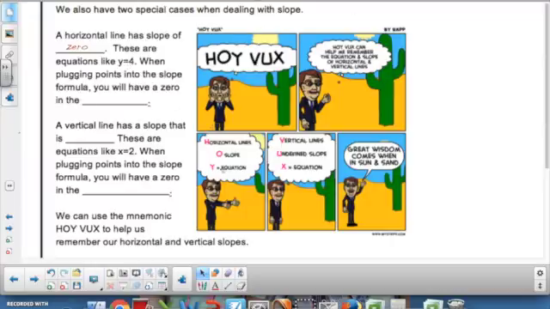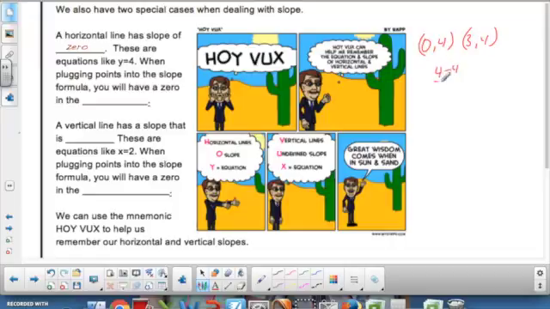The reason these have a slope of 0 is because if you think about two ordered pairs where y is 4, so (0, 4) and (3, 4), let's say, when I put these in my formula, y2 minus y1 over x2 minus x1, what that gets me is 0 over 3. Well, 0 over 3 is 0.